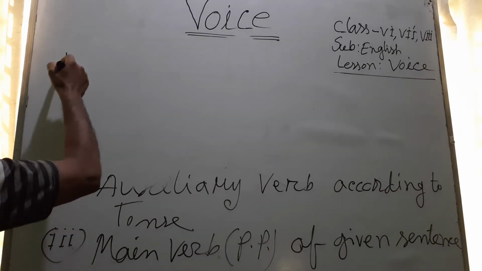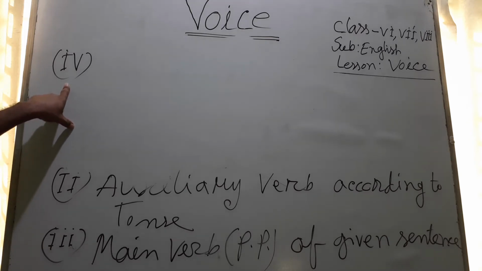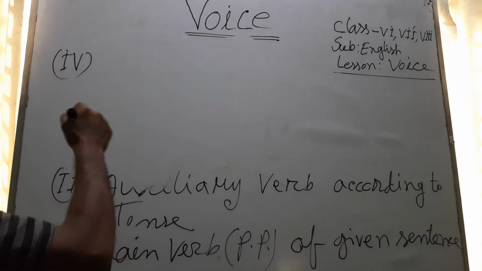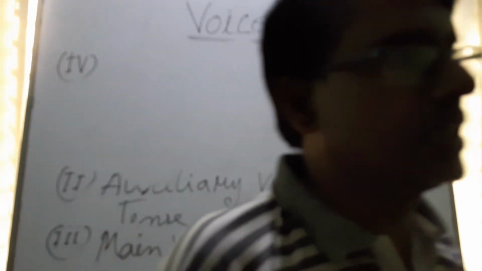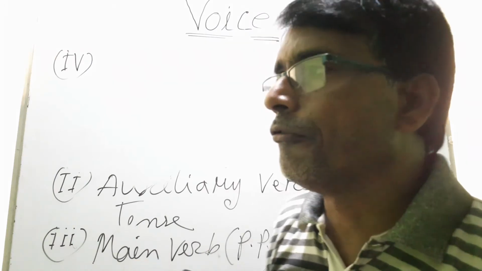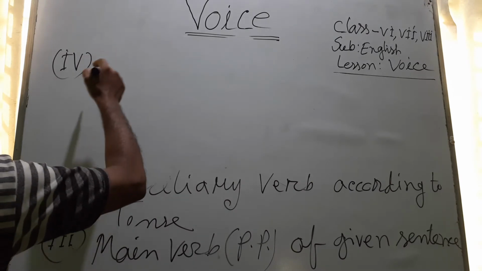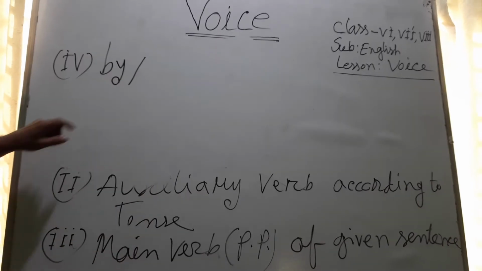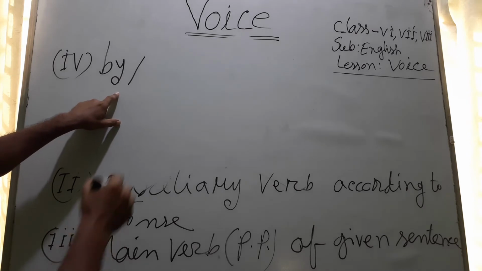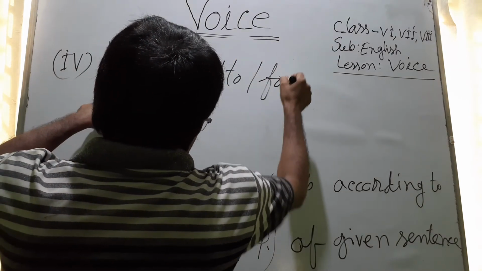Rule number 4, doing passive voice. For doing passive voice of active or assertive sentence, rule number 4, you should write a preposition: by, to, for, with.